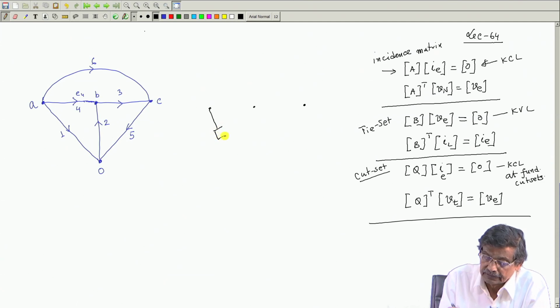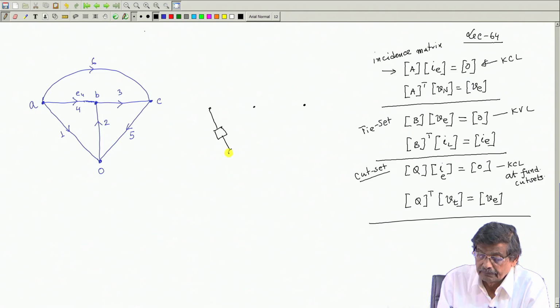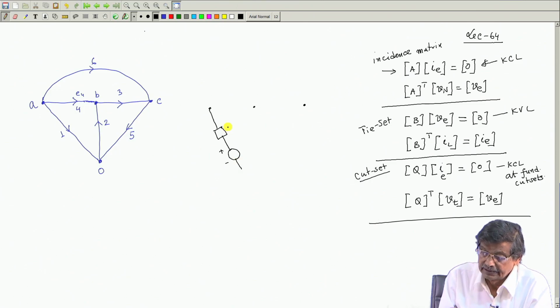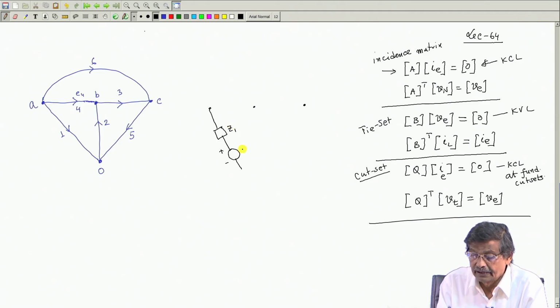Suppose some impedance is there, then some voltage source is there. This is Z1 and this is Vs1.